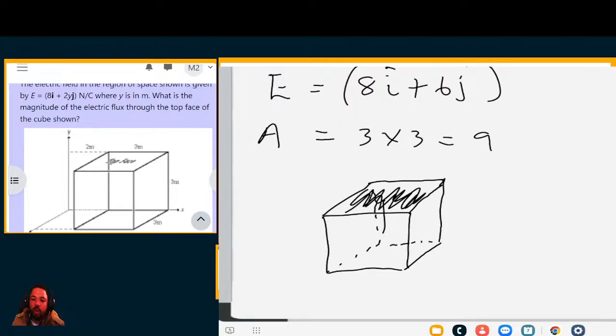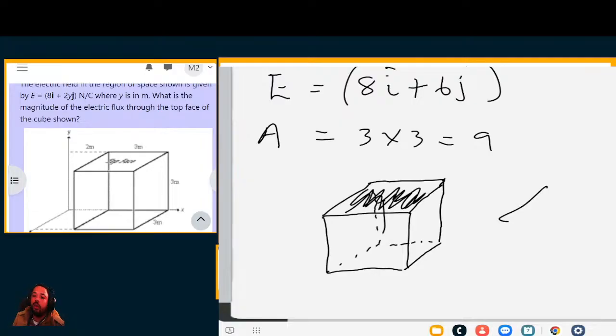If we were to choose going down, it would be negative, but in this case we're just working with positive values. We're looking at the area downwards, so the area vector would be going upwards in the direction of y.